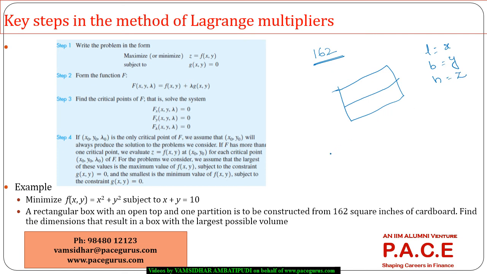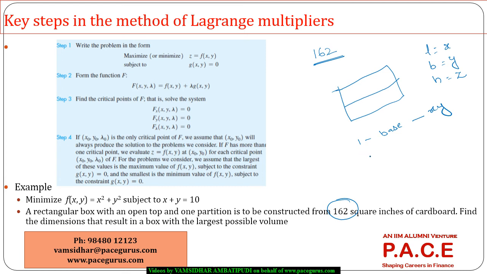So the total area is 162 square inches. But what is the total area of the cardboard that I require? I need one base, which will be length times breadth, which is xy.